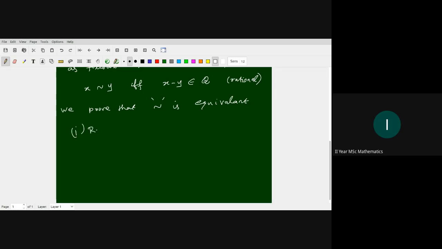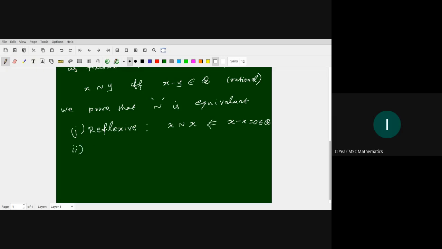The first property is reflexive. X is related to x, since x minus x is 0, which is rational, so x is related to x.